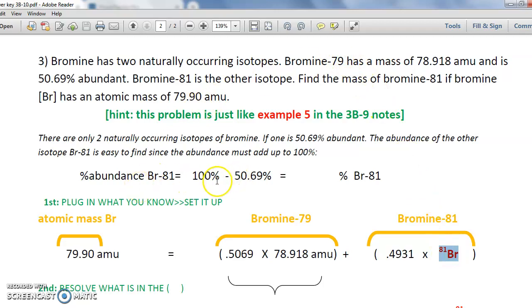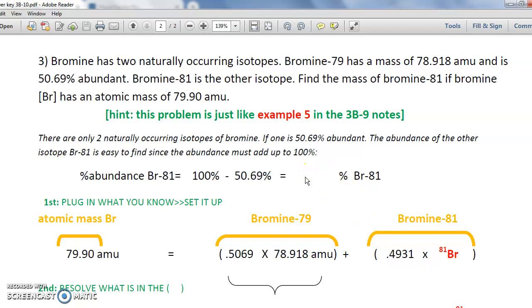But I only have two isotopes. The two isotopes would make up 100%. 100% of bromine is one of these two isotopes. If bromine 79 is 50.69%, then the rest is bromine 81. 100 minus 50.69 is 49.31%, or 0.4931.